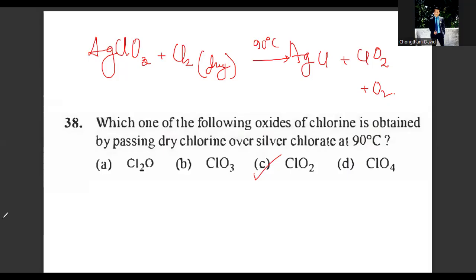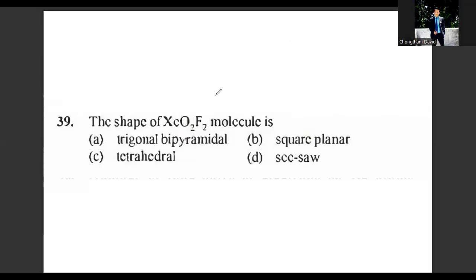Question 39. The shape of the xenon dioxide difluoride molecule is. Same thing again. You have to remember the Lewis structure. Based on that, find out the hybridization on the central atom. That would give you the shape or geometry of the molecule. This xenon dioxide difluoride has trigonal bipyramidal geometry.